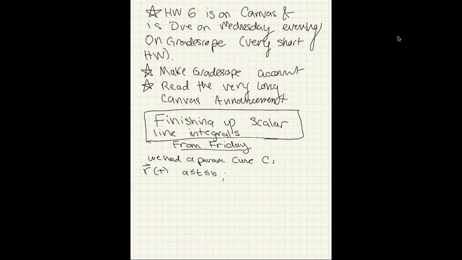And we found that the length of C was equal to, well, we wrote it symbolically as the integral of the constant function 1 over the curve with respect to arc length. And after you plug in all the data, what that really looks like as a setup integral is an integral from a to b, where you're taking the magnitude of the derivative and integrating with respect to time, on that interval from a to b.